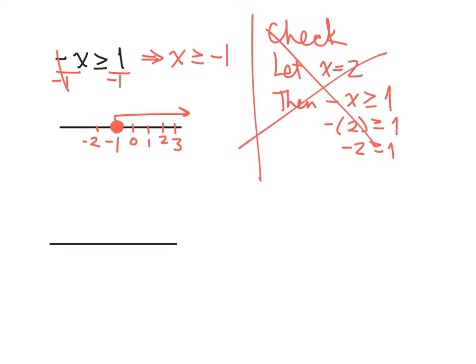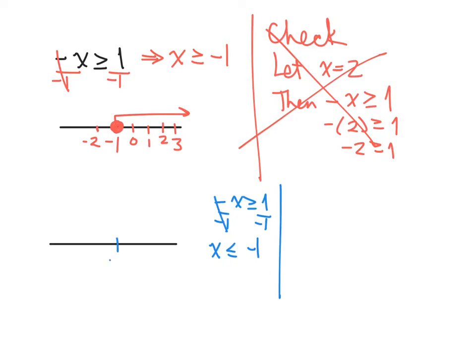So when we start off with negative x being greater than or equal to 1, and we do our algebra the right way, we divide both sides by negative 1 to get rid of this negative. We're left with x, and we are left with negative 1, but we have to remember to switch the inequality. Make it point the other way.